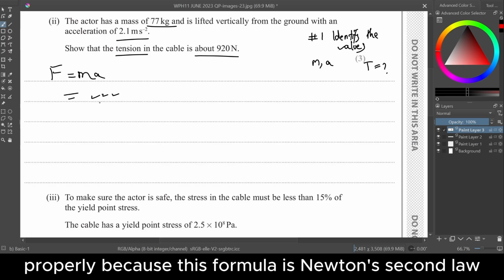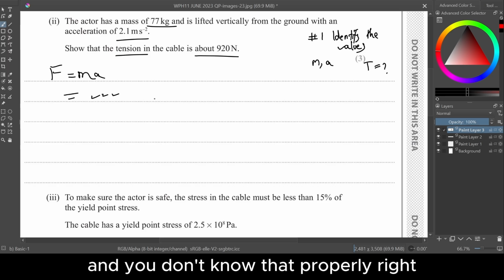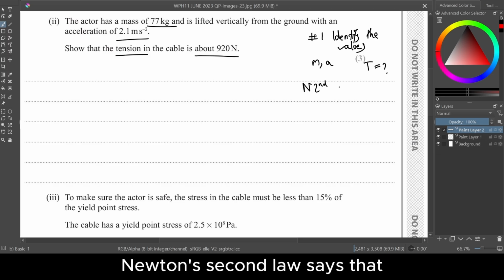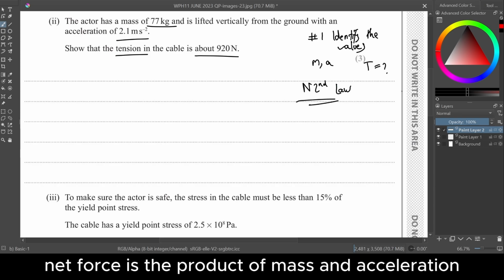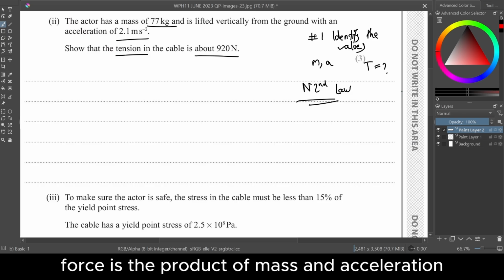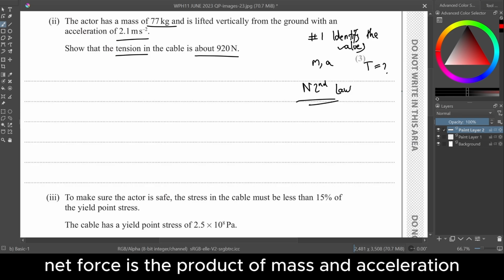So let me explain Newton's second law properly. Newton's second law says that net force is the product of mass and acceleration. He did not say that force is the product of mass and acceleration. He said net force is the product of mass and acceleration.